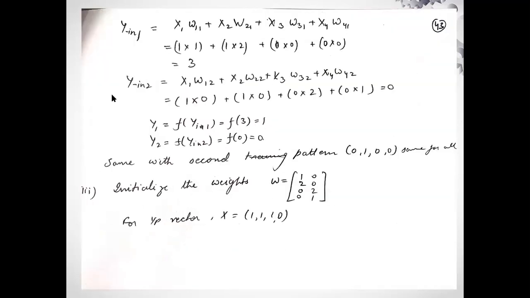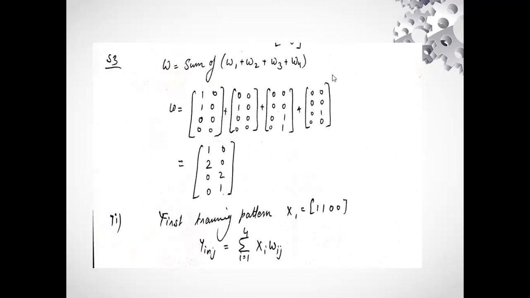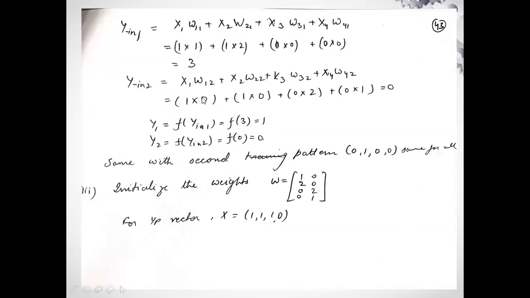For the second column, the entries are 0, 0, 2, 1. We multiply X1, which is 1100, with these. So Y_in1 is calculated as 3, and Y_in2 is calculated as 0.